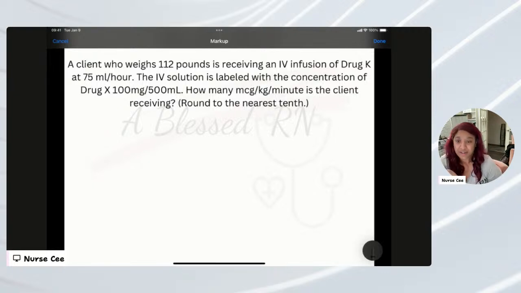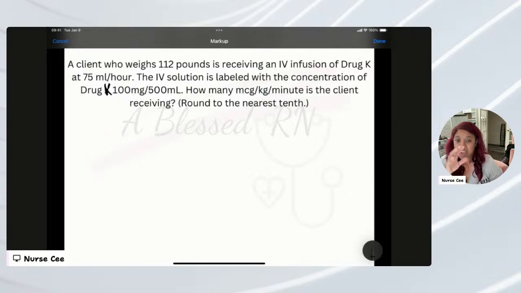So what we have here is a client who weighs 112 pounds. They're getting an IV infusion of drug K at 75 milliliters per hour. So the IV is infusing at 75 mLs per hour. Your drug K is in the concentration of 100 milligrams per 500 milliliters.